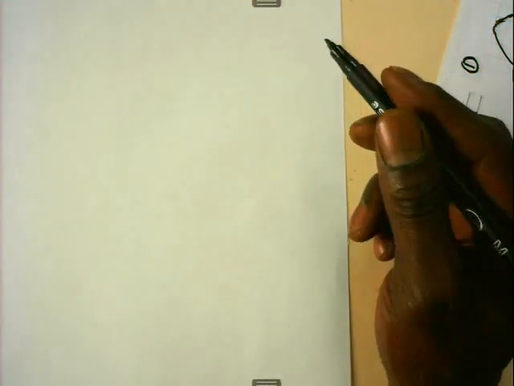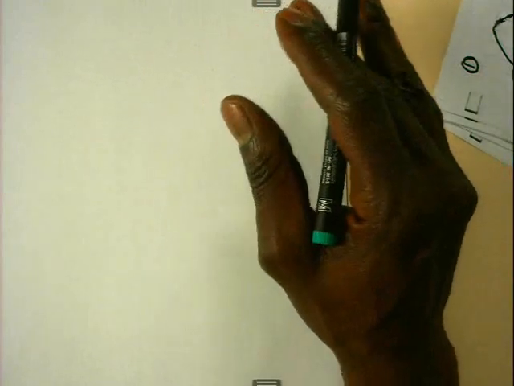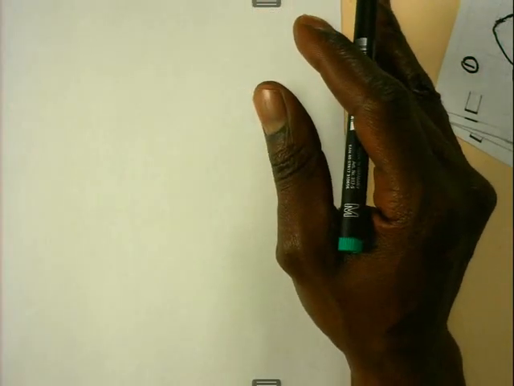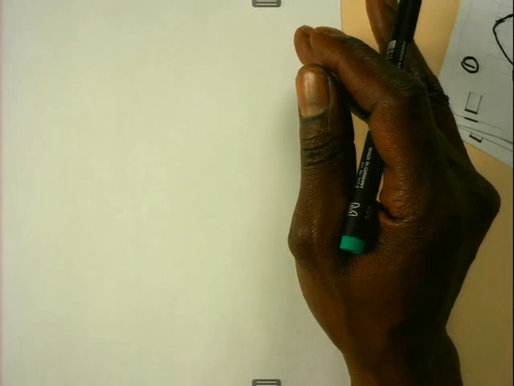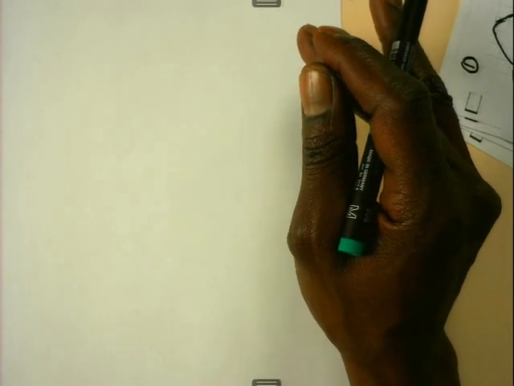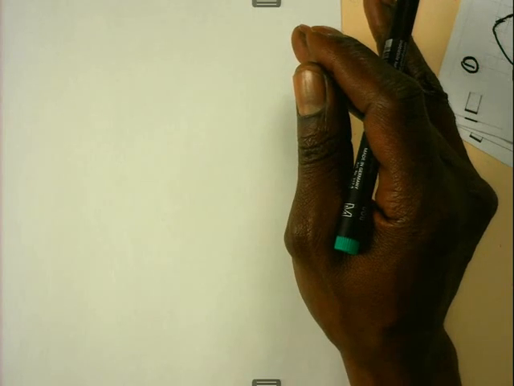Now, in the examinations, they are unlikely to ask you those simple kind of questions in the question papers, but what they do is they normally combine the question papers.